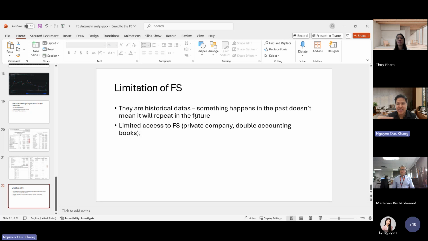So that is a limitation for financial statement analysis, because for some companies, you wouldn't find any peers at all. Like for Vingroup, how can we find another big company in Vietnam that is also in real estate and producing EVs? There's no one else. So this is also a limitation when we don't have something to compare.